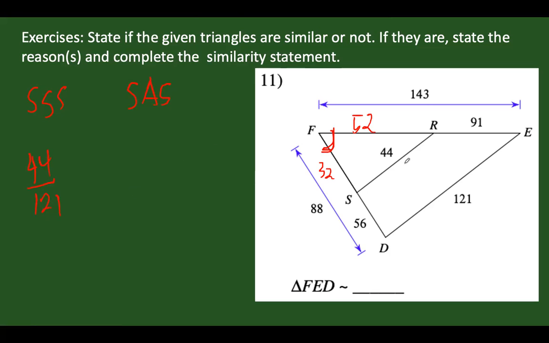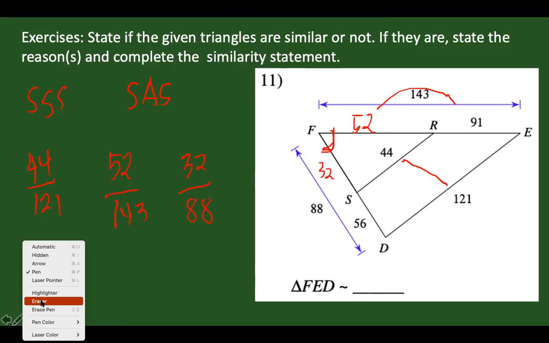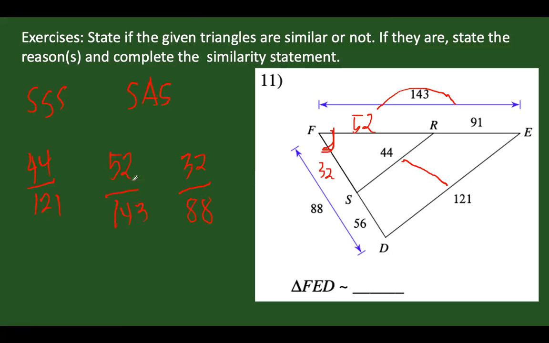Okay, so 44 over 121. And here, okay, the short over the whole, that's 52 over 143. And the shorter over the whole, that's 32 over 88. All right? So now here, we need to show that these corresponding sides, the ratios are congruent. Okay? And once we identify that the sides are proportional, or the ratios are congruent, then these two triangles are similar.